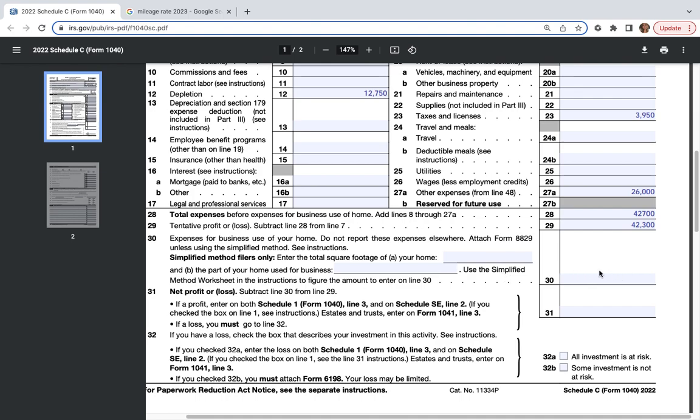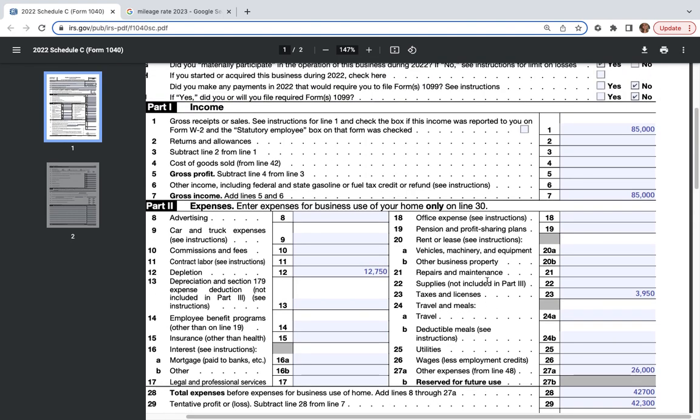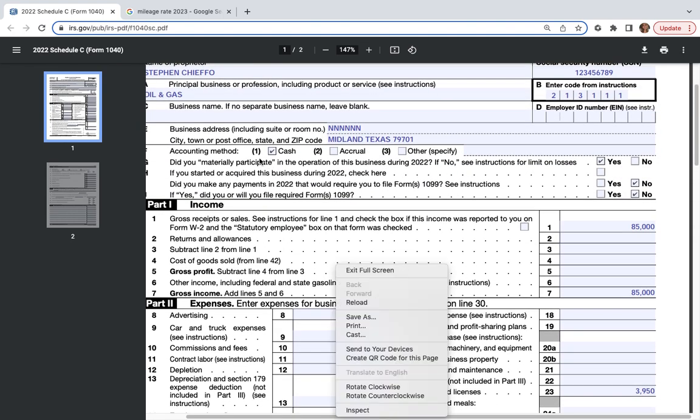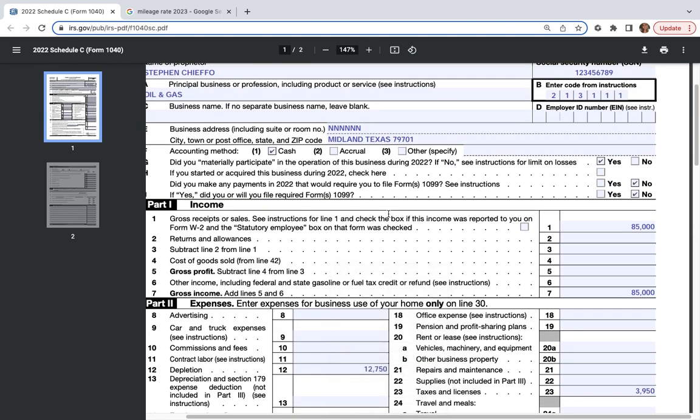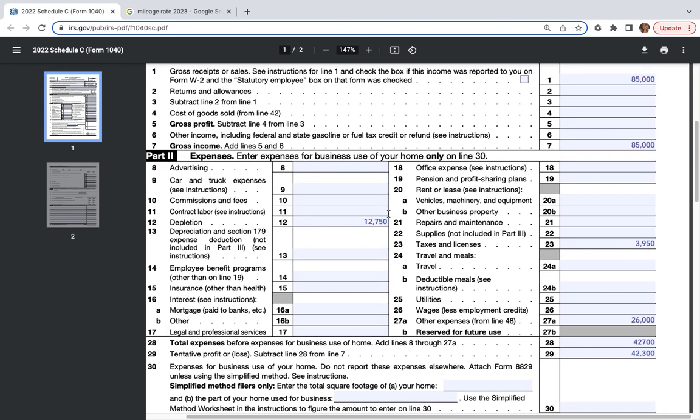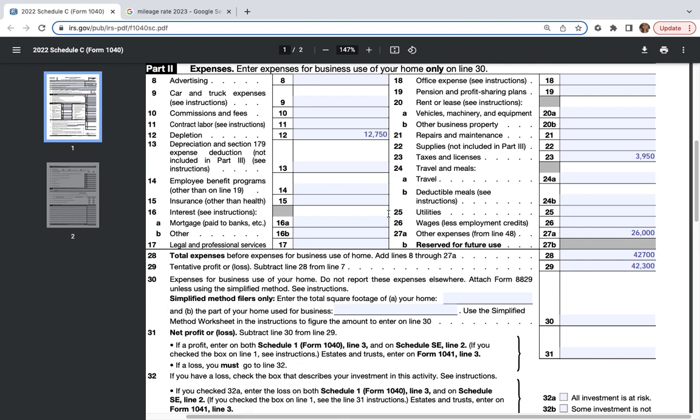So that is also something you can use whenever you are filing your own tax return. In this scenario, Steven is an analyst that works for an oil and gas company. Nothing was noted about him using his home for business purposes.